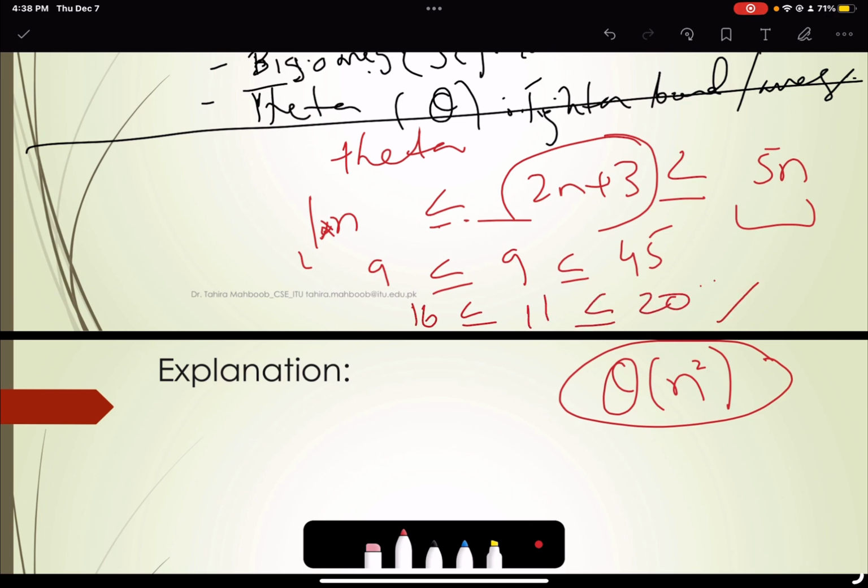So this does not hold true for the squared term for n greater than or equal to 1.